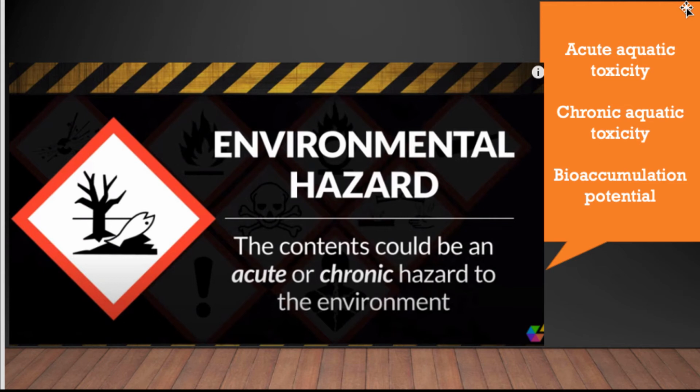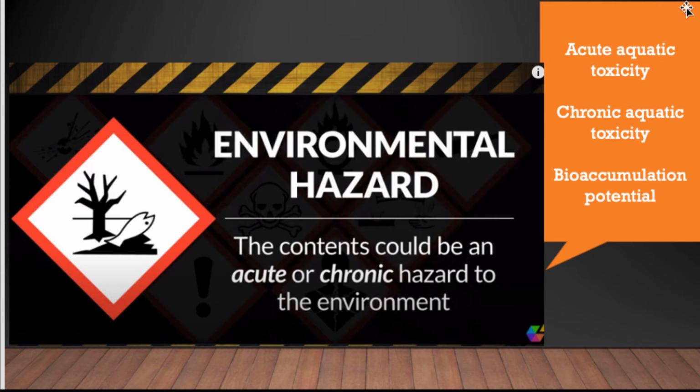So we're moving on to environmental hazards, and Canada uses this far more than we do in the United States. They use it on their Department of Transportation placards as well. But this means that the contents could be an acute or chronic hazard to the environment.